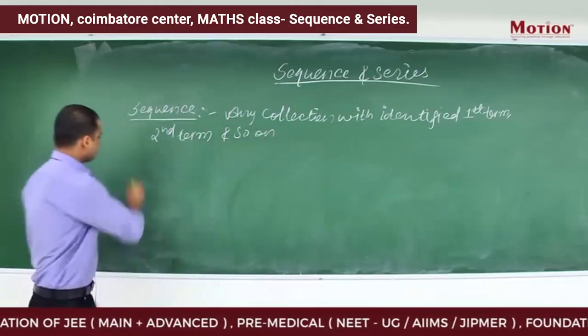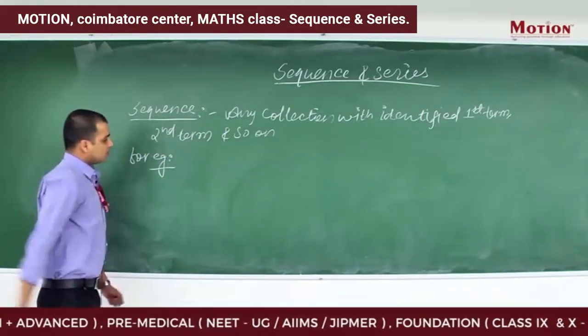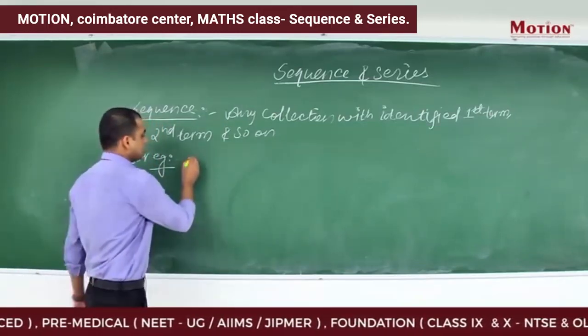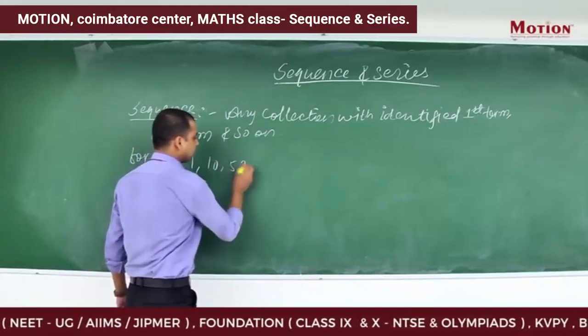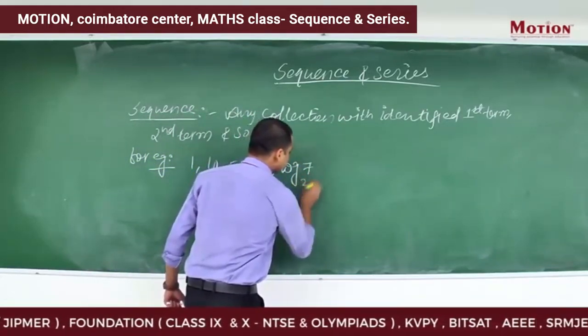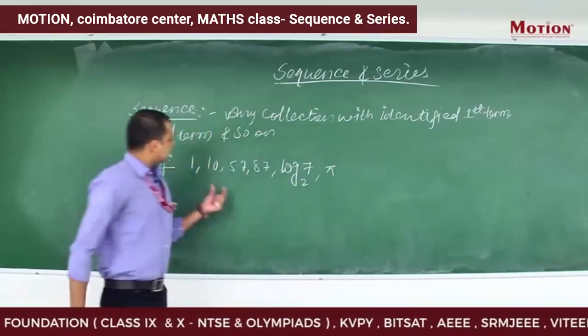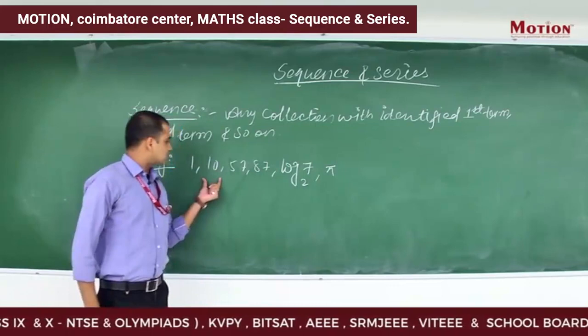For example, we can take any random numbers here: 1, 10, 57, 87, log 7 to the base 2, pi. Any mathematical quantities.